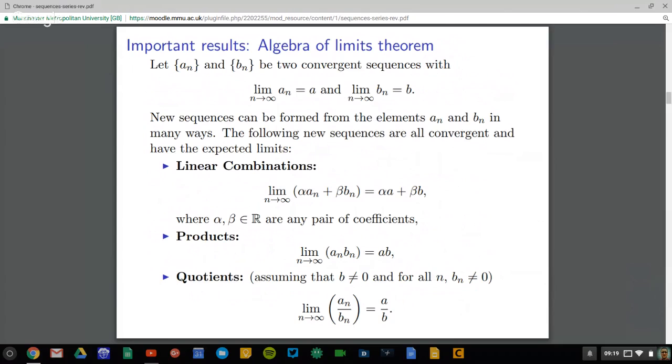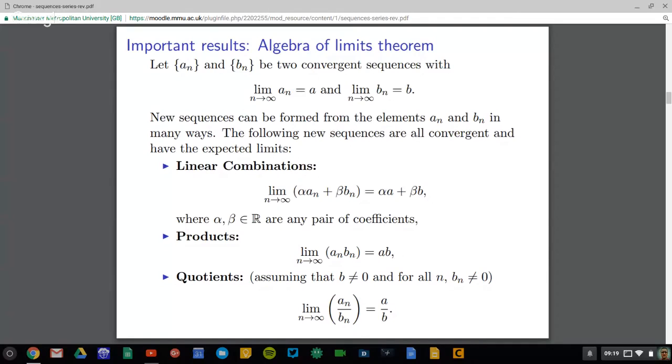The theorem says this new sequence is convergent, and the limit that it has is the obvious one: alpha times the limit of the first sequence plus beta times the limit of the second sequence. So there's nothing funny that goes on. The same transformation you apply to the sequence terms is the same transformation that gets applied to the limit. And there are similar statements talking about products and quotients.